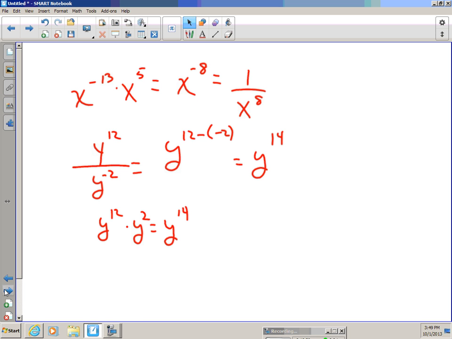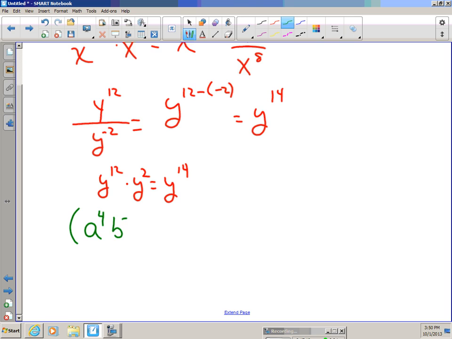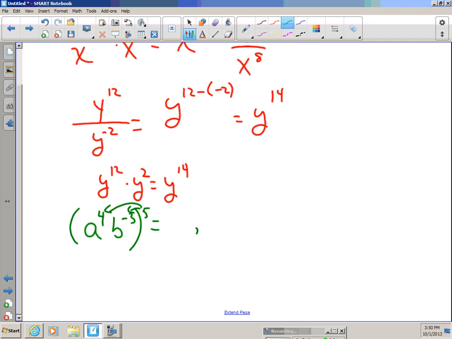And then finally, my distributive rule still applies. If I have a to the 4th, b to the negative 3rd, all to the 5th power, I still distribute my exponent, a to the 20th, b to the negative 15th. But I don't like the negative exponent.